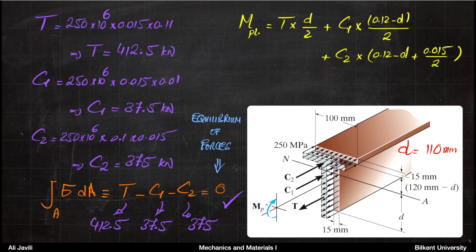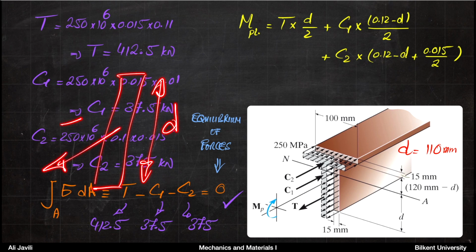So as I mentioned, you can imagine that this is your distance d. So your effective force T is at the center. So with respect to the neutral axis, which would be on top here, the distance would be d divided by 2. So you would get T times d over 2.